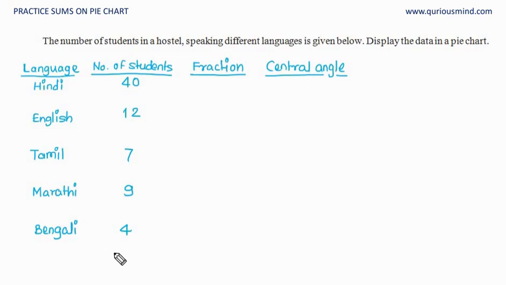So for calculating the fractions, we need to calculate the total. And if we see, the total here is 72. And so fraction is part upon whole.